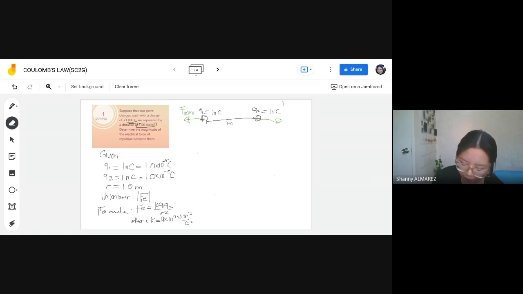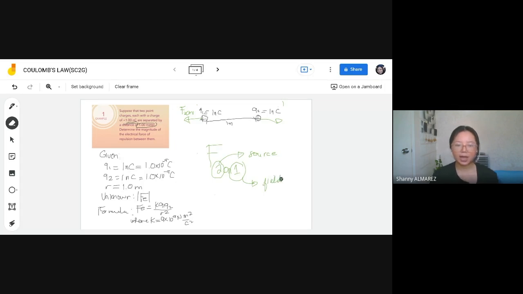So, in this format, explain ko lang ng konti kung ano yung ginawa ko. F2 on 1 means that this is the source or the one that exerts the force. Okay? And the last number that you will write, that is the one that experiences the force. So we call it the field point.